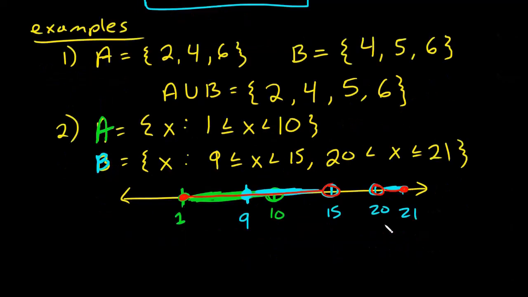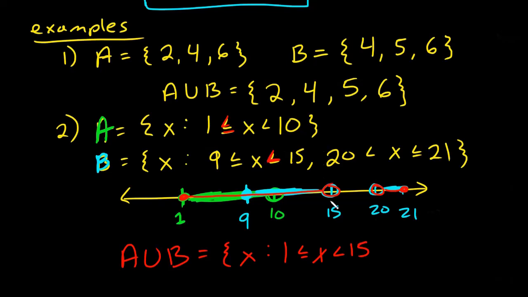So the union, A union B, is all x such that x is between 1, including 1, because it's including 1 right here, until I get to 15, not including 15, and then from 20 to 21. If it's possible that x is in A or B, then it's in the union A or B.